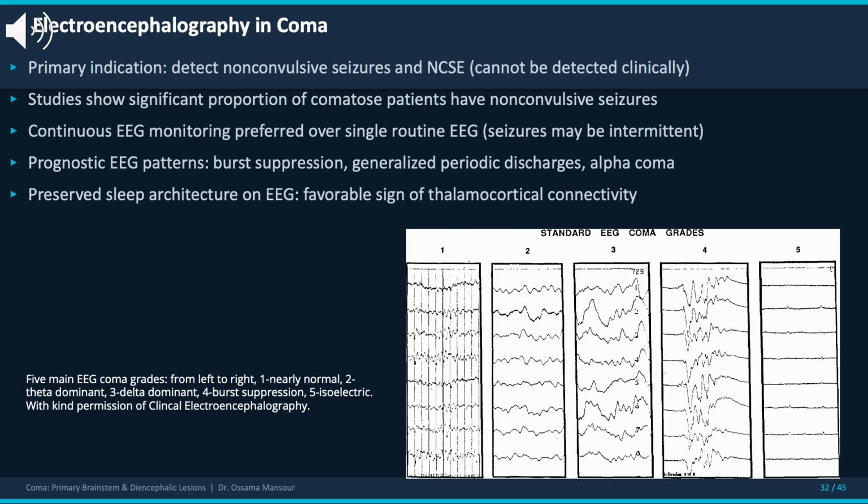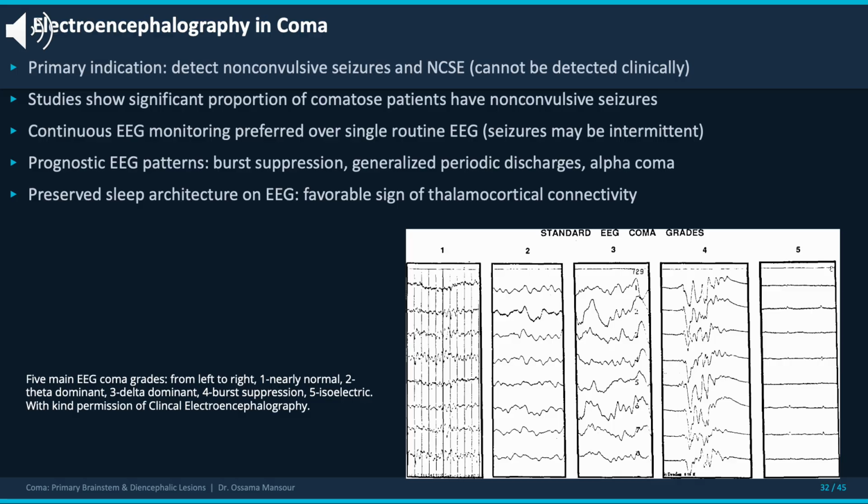Studies have shown that non-convulsive seizures occur in a significant proportion of comatose patients, particularly those with acute brain injuries, and that these seizures may contribute to ongoing neuronal injury. Continuous EEG monitoring, rather than a single routine EEG, is preferred in comatose patients because seizures may be intermittent and easily missed on a brief recording.